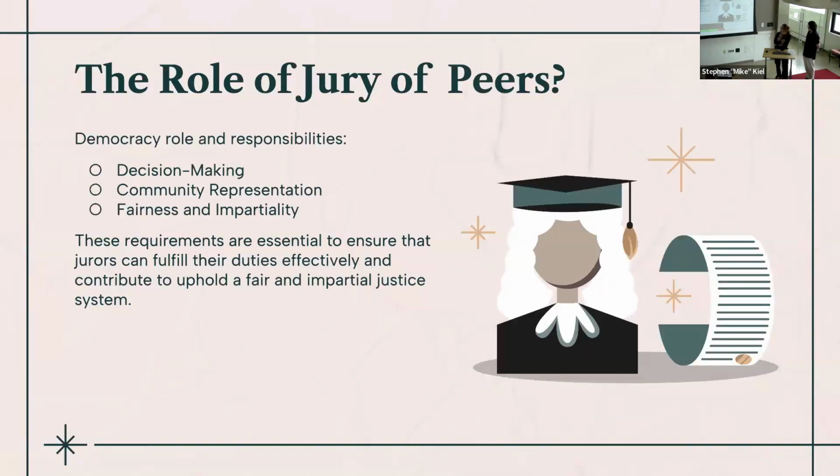The role of a jury is basically three main things: decision-making, community representation, and fairness and impartiality. These are essential to ensure that jurors can fulfill these duties effectively and continue to uphold a fair and impartial justice system.